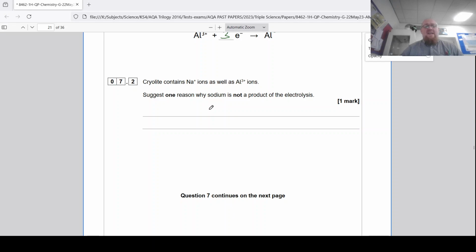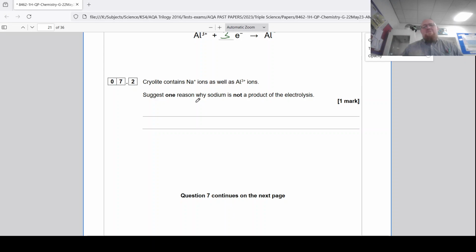So cryolite contains Na+ ions as well as Al3+ ions. Just one reason why sodium is not a product of electrolysis. Now, if we look back into aqueous solution electrolysis, we know that anything that is more reactive than hydrogen doesn't get discharged. The hydrogen gets discharged. So in this case, we can see that sodium is pretty reactive and aluminium is less reactive.